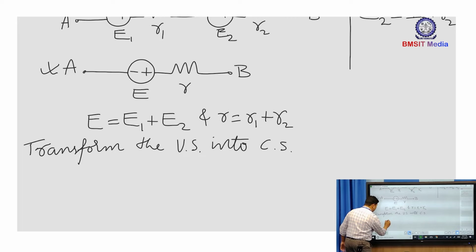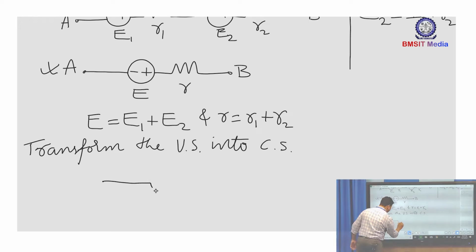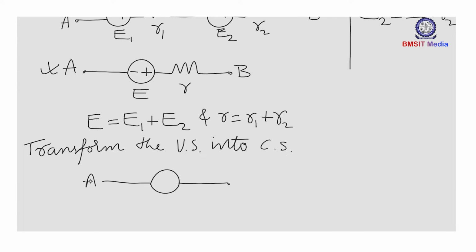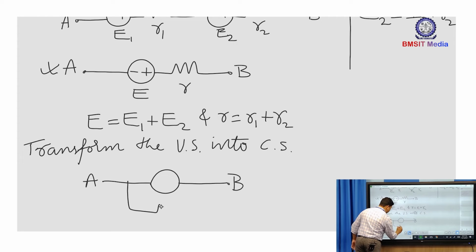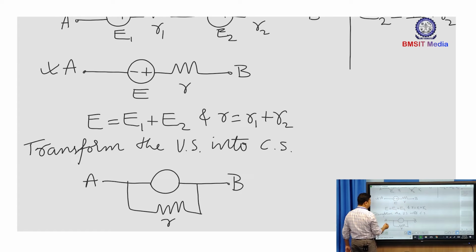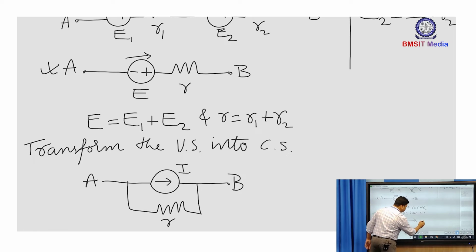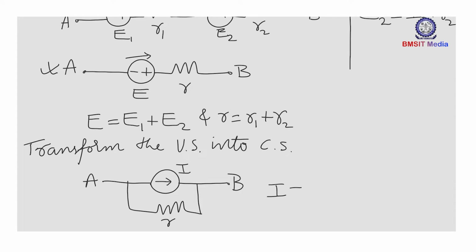Now between A and B, I can take a current source across which I can show an internal resistance of R ohms. The same R ohms comes here, and the direction of E is from A to B, therefore the direction of the current source will be from A to B with the current value of I, and this current I is given by E over R. Okay.